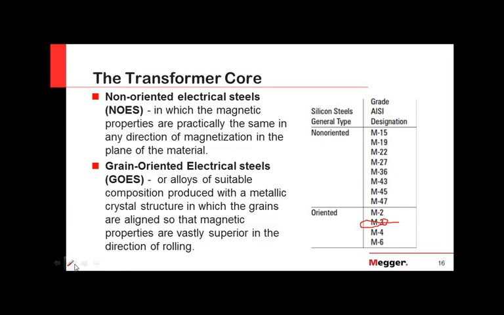So you need to decide that with the manufacturer when you're getting into these kinds of questions: what should I use? Decide together with your manufacturer, and it's going to be a balance between efficiency and cost, of course.